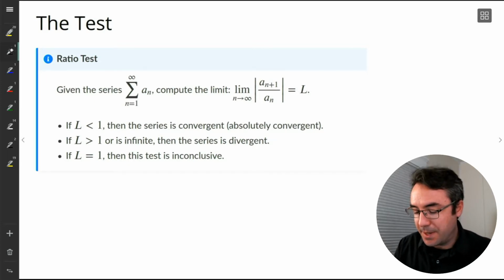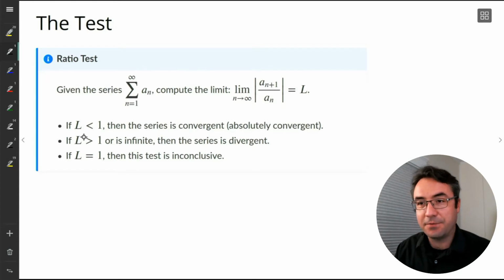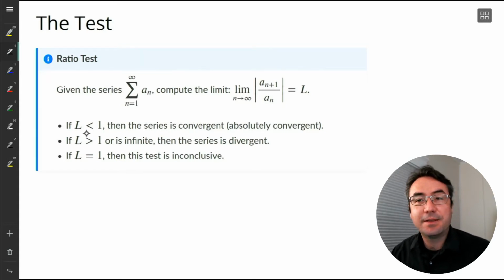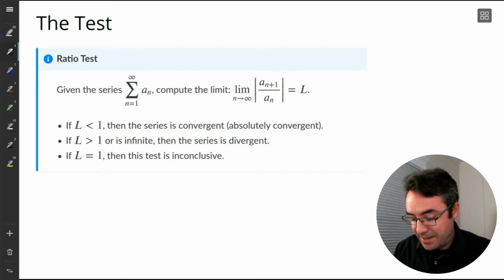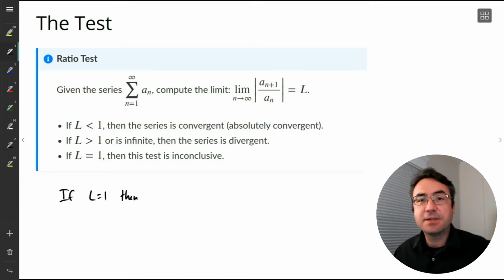So it's worth mentioning again. There are really four cases here. The limit L is a number less than 1. The limit L is a number greater than 1. The limit is infinite, or the limit L is equal to 1. And we really want to stress that if L is equal to 1, then this test is inconclusive, meaning we don't know what happens to our series.